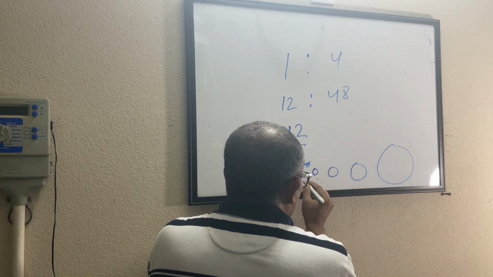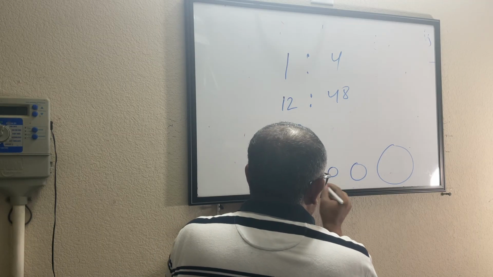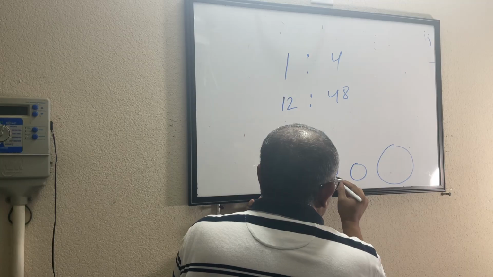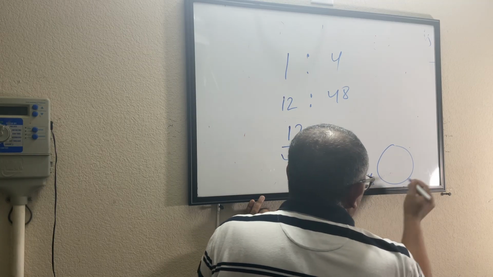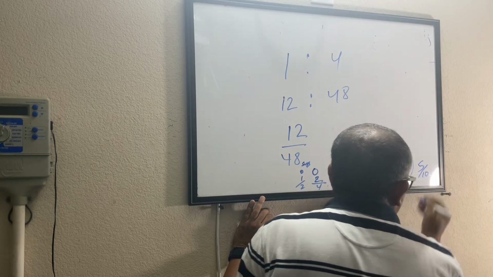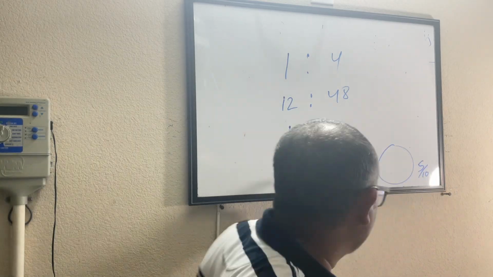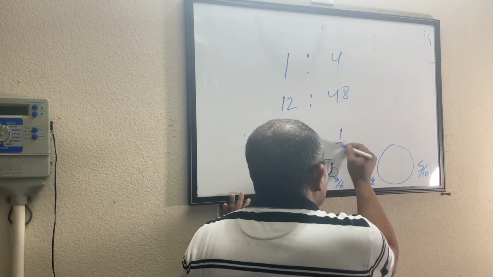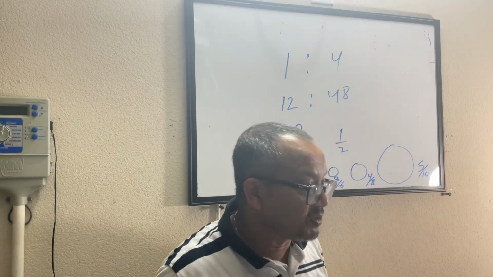Here it is 1/2: 1 cup of sugar, 2 cups of flour. 2 cups of sugar, 4 cups of flour. 3 cups of sugar, 6 cups of flour. 4 cups of sugar, 8 cups of flour. 5 cups of sugar, 10 cups of flour. When your ratio remains the same, when you simplify it, everything converts to 1:2. When your ratio remains the same, that is when you say they are the same proportion.